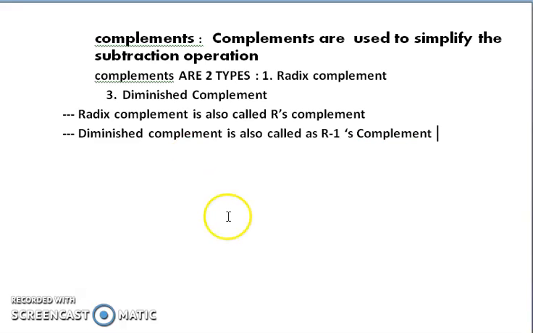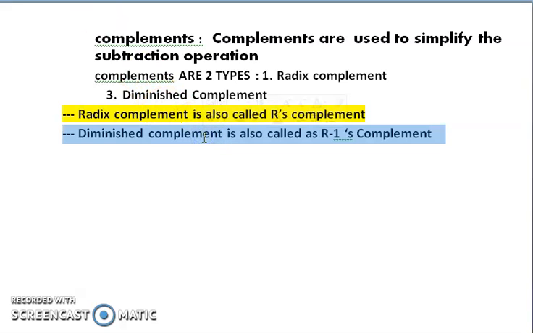Actually, in the digital computer, the radix complement is called the R's complement and the diminished complement is called the R minus 1's complement. What is the R's complement?